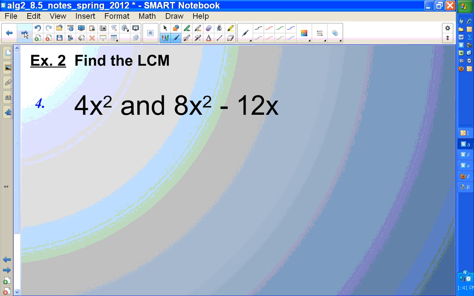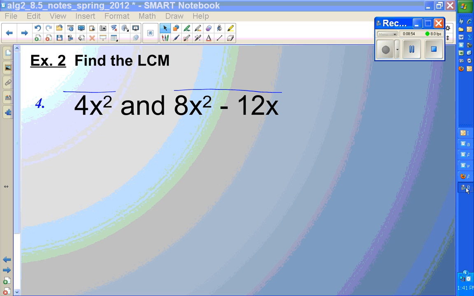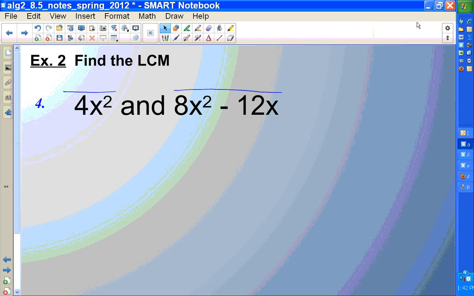Try this one. If you want to think about them as denominators, you're really just finding the LCM for these. The first one is already factored, 4x squared.